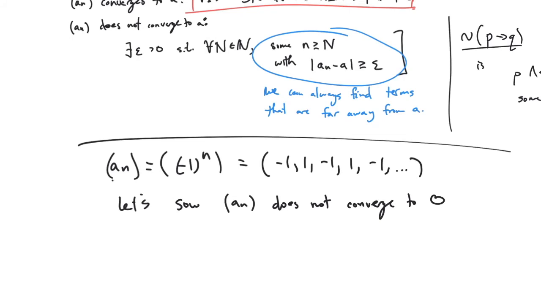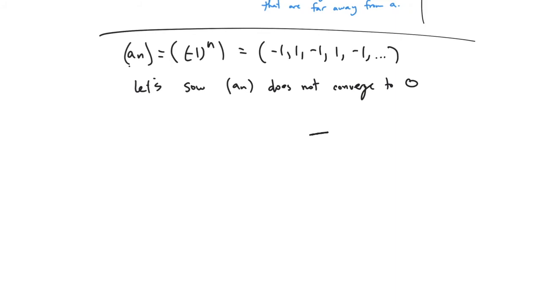Here, I'll draw a picture of this sequence. It's not so hard. I have 1 here, minus 1 here, and all the terms just go back and forth. And I have to choose some epsilon so that these terms will be far away from 0, like outside of the neighborhood around 0.